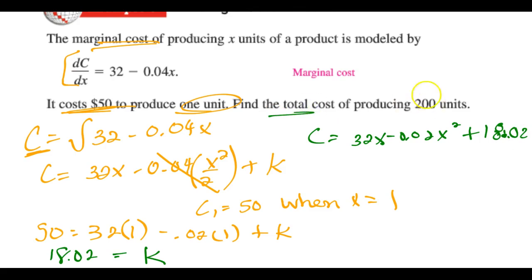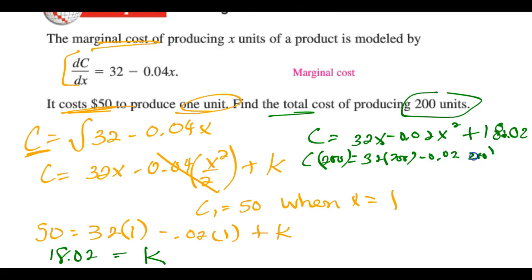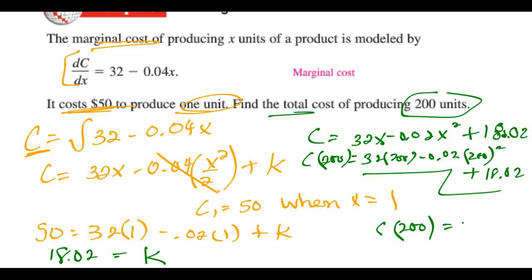So what did they say? Find the total cost when producing 200 units. So C of 200 says every time you see an x, plug in 200. 200 squared plus $18.02. And again, number crunch this, and I think C of 200 will be very close, rounding to the nearest penny, to $5,618.02.